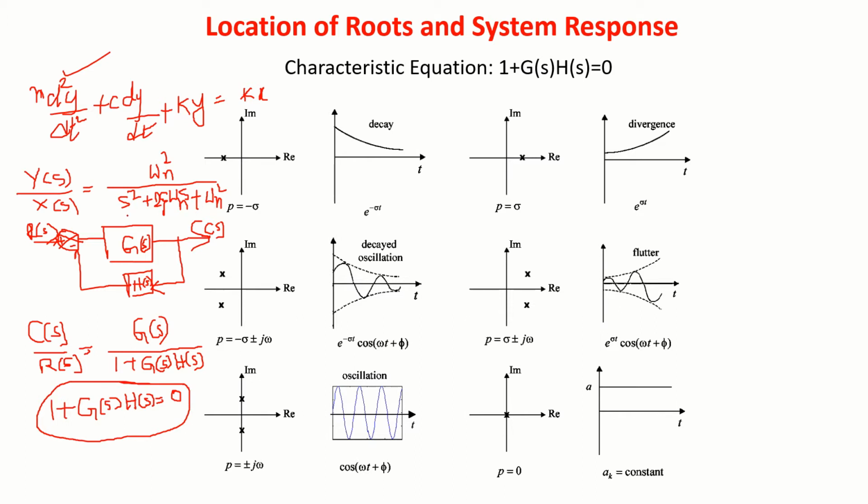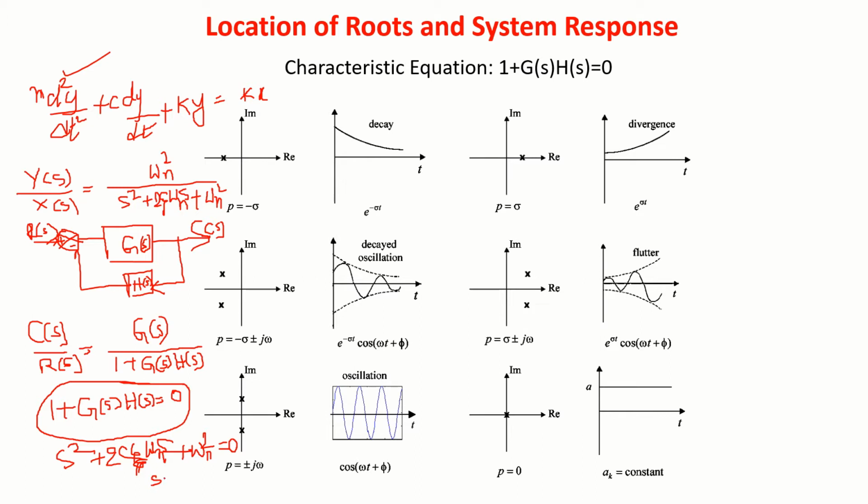Now, suppose s square plus 2 zeta omega n s plus omega n square equal to 0 is the characteristic equation. This equation is in the form of ax square plus bx plus c. Correct?